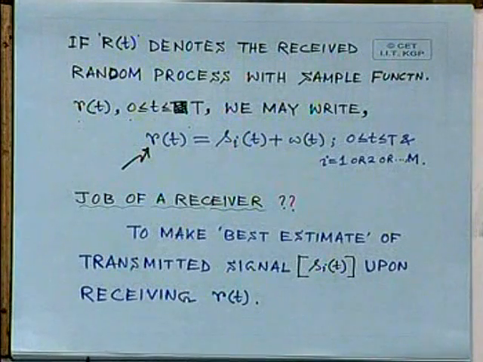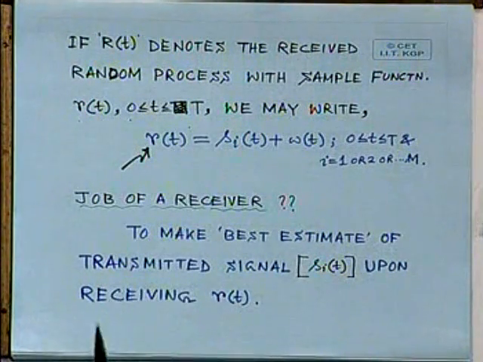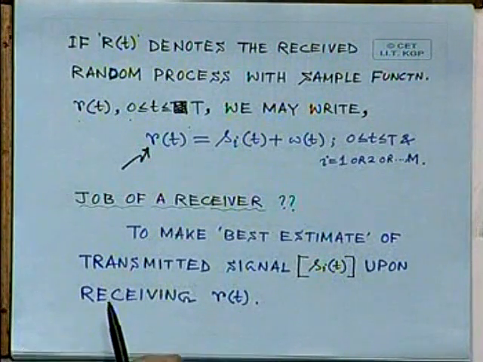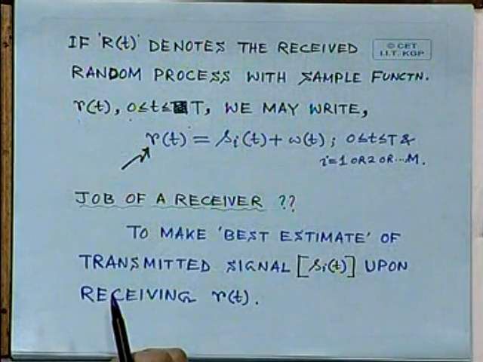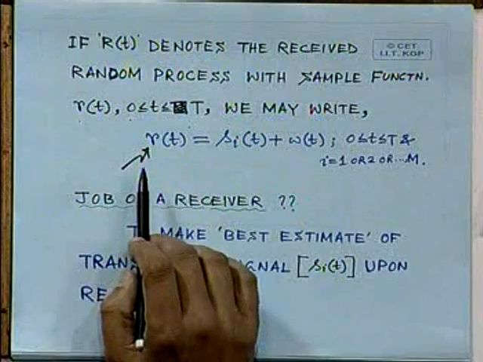Now, this is a starting expression. Then what should be the job of the receiver? The receiver here stands for a demodulator or some kind of decision making, everything included. What should the receiver do if the received sample function is going to be of this form?